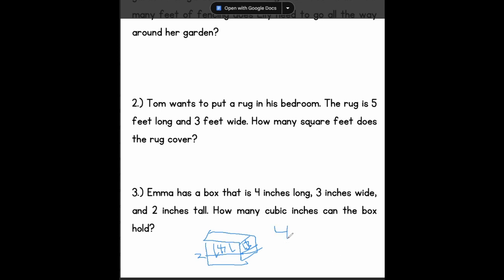So 4 times 3 times 2 for the length times width times height, which gives us 12 times 2, which is 24. So the box can hold 24 cubic inches of items, assuming that these are the inside measurements, so it's not counting the actual box.